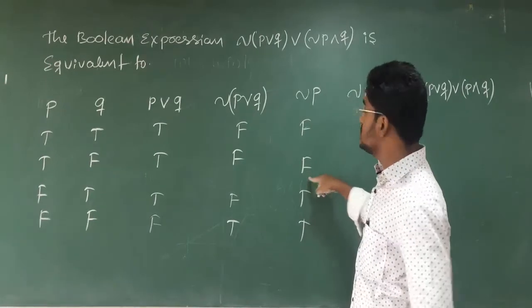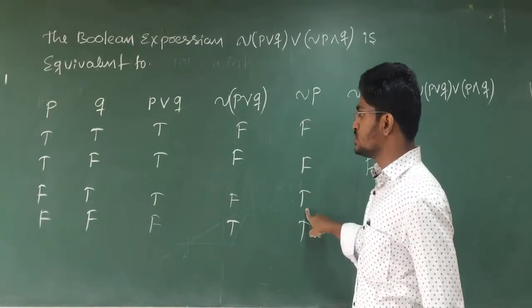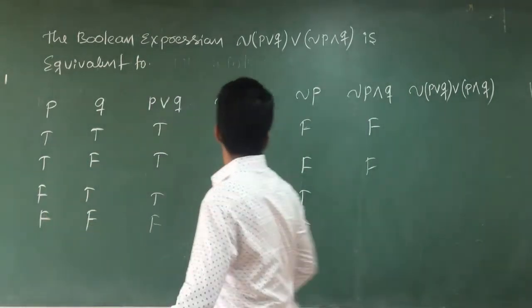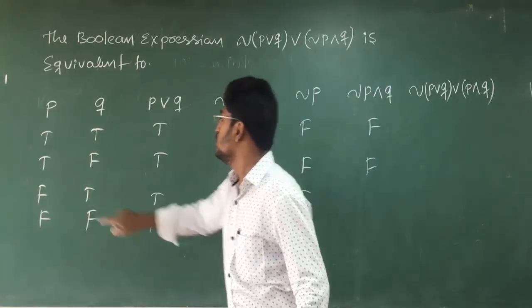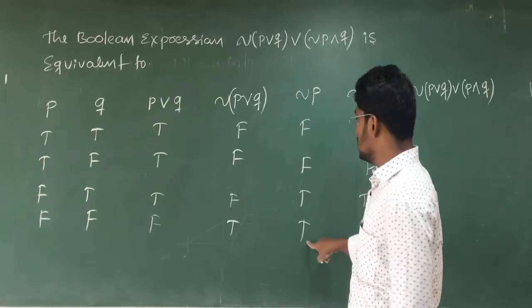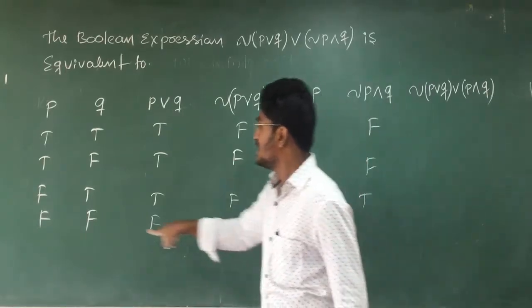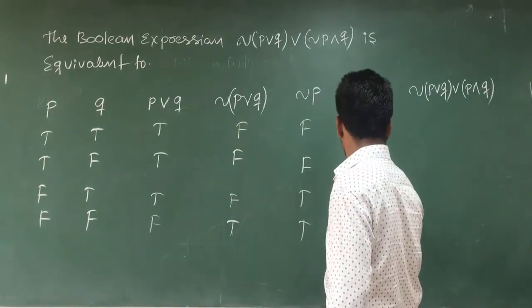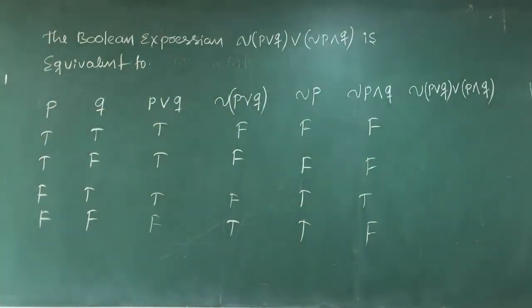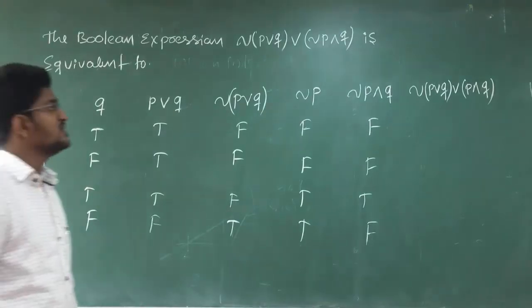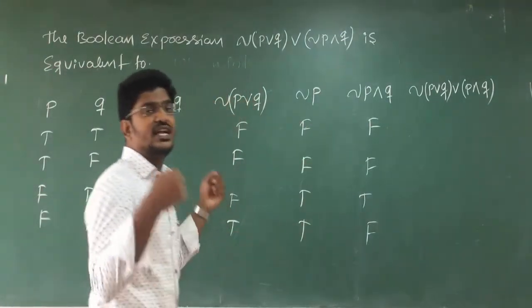See, this is true, this is negation of P, and Q is true, so it will be true. See, this is true and this is false, so it will be false. Clear? Because in an AND statement, if both are true, then it will be true.